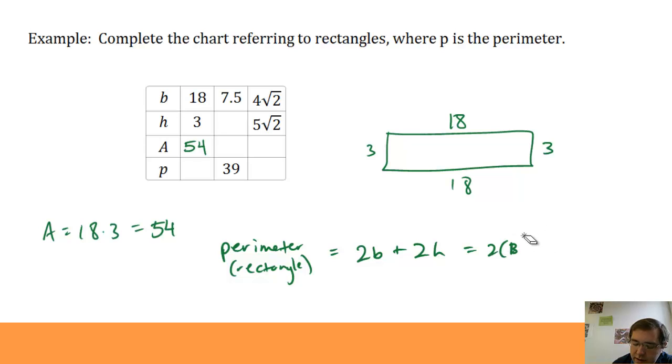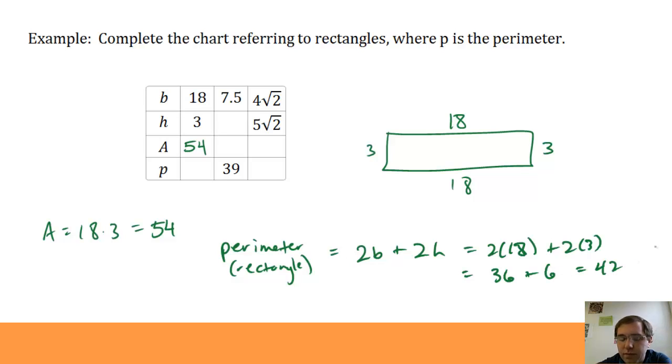So I'll write it out step by step. 2 times 18 plus 2 times 3. So we've got 36 plus 6, or 42. So the area, the perimeter, I'm sorry, is 42. So all 4 sides added together.